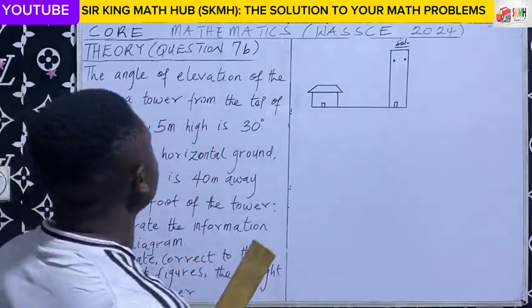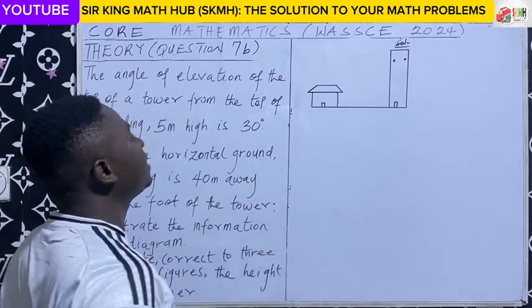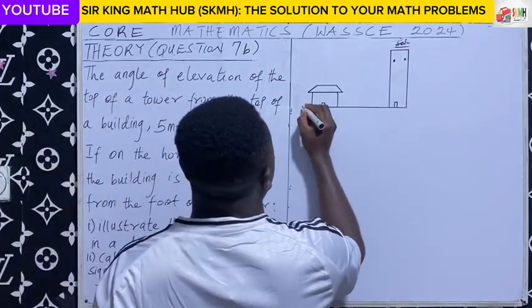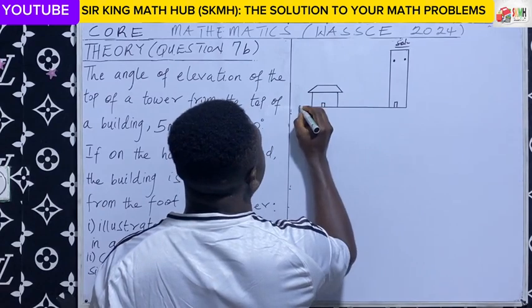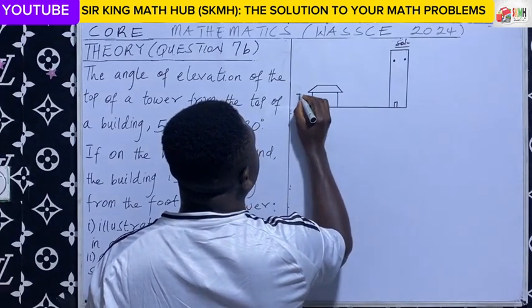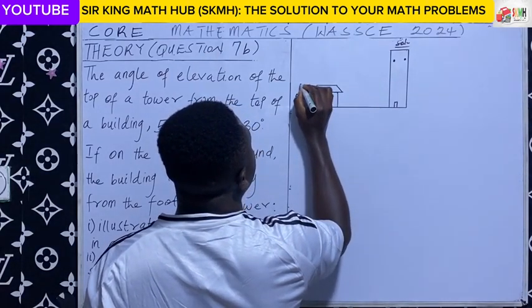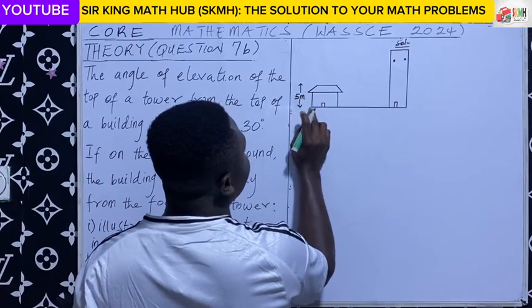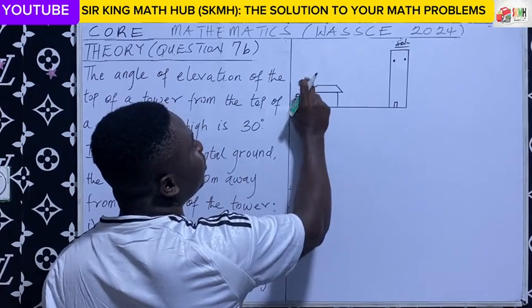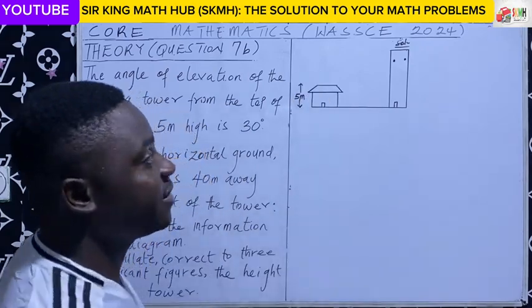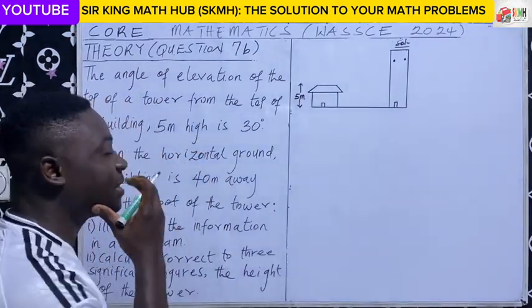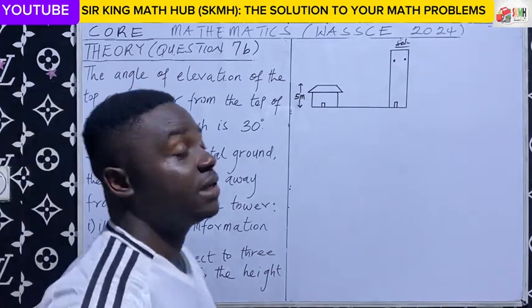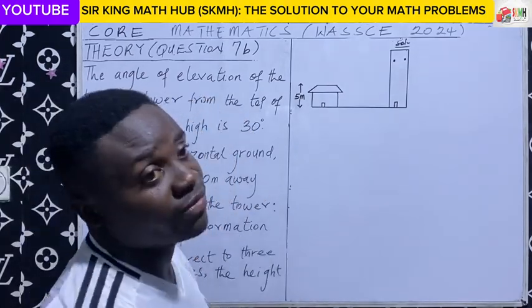Now, we were told that the height of the building is 5 meters. So the height of this building here measures 5 meters. So from the foot of the building to the top of the building, the height measures 5 meters. And then we're also given the angle of elevation from the top of the building.